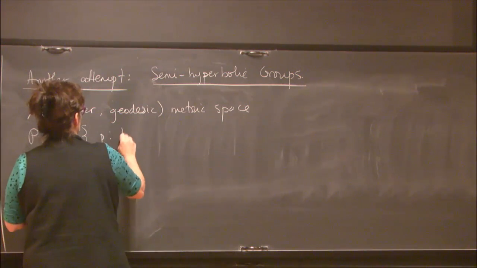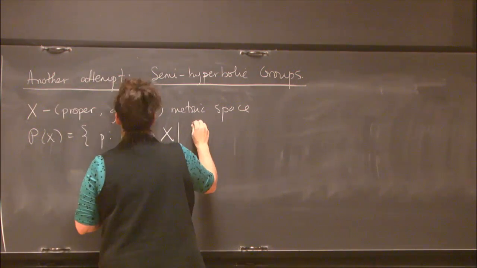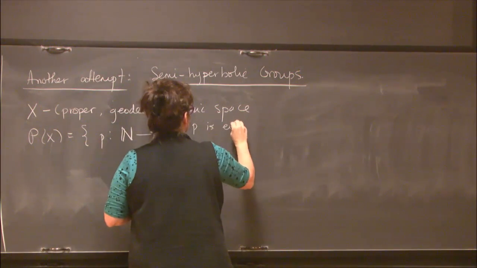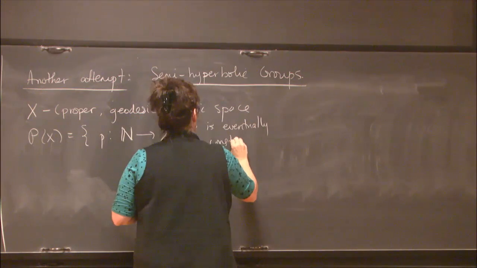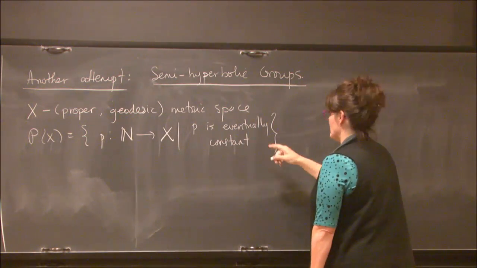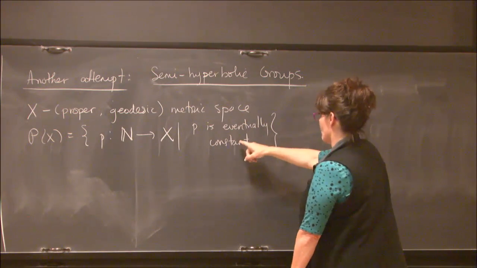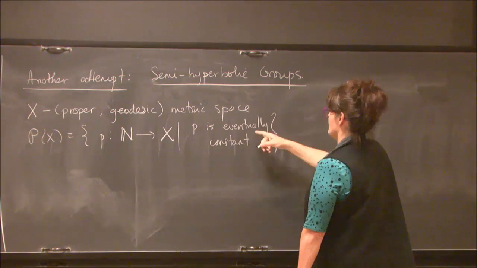So I want to consider some discrete paths, where P is eventually constant. I'll say what I mean by this in just a second. By eventually constant, I mean eventually constant.